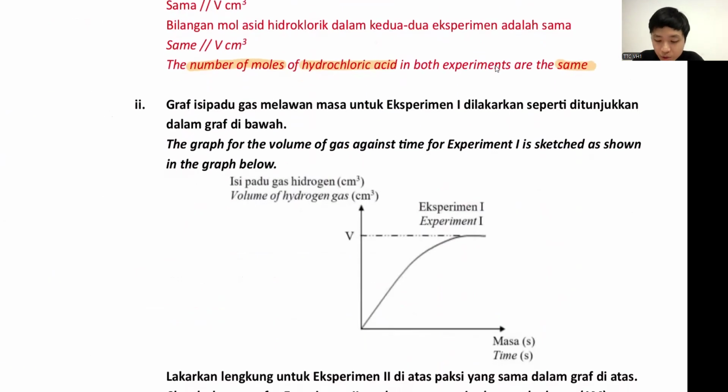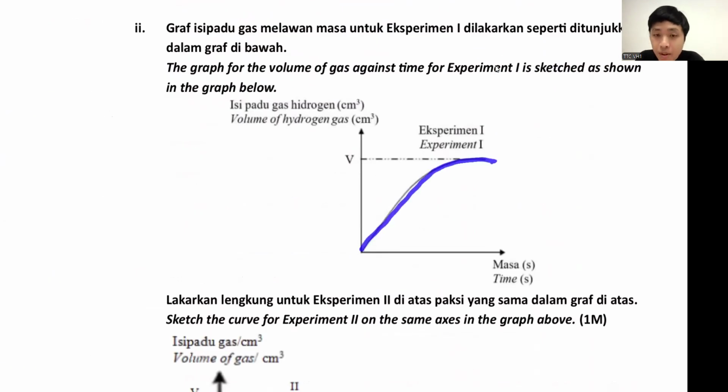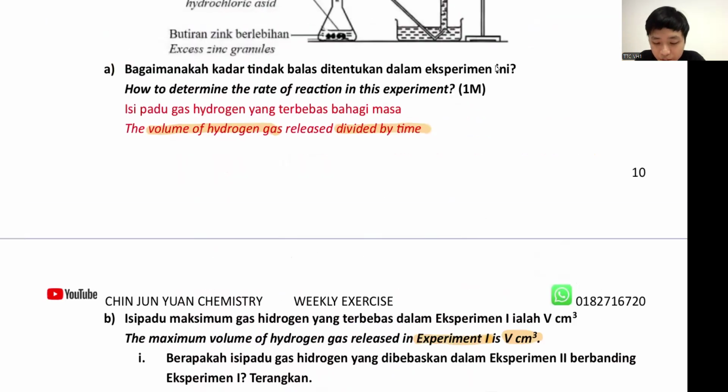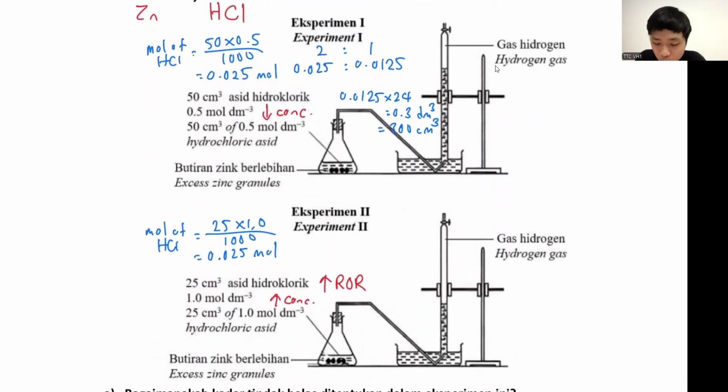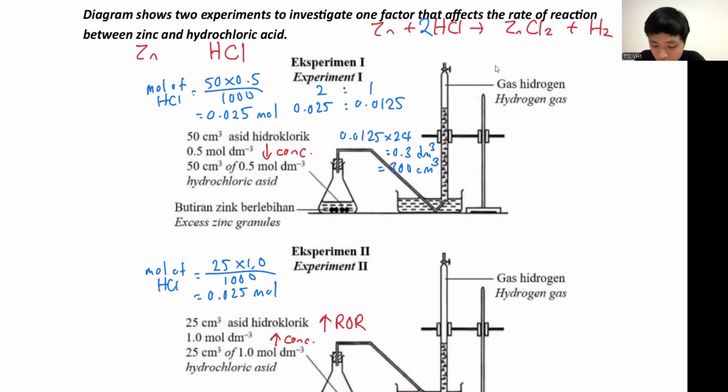But otherwise, if they ask you to draw, let's say this is experiment 1. Remember, it's not exactly the same. The ending is the same, but the time taken for the reaction to complete is different, because experiment 1 has a lower rate of reaction.